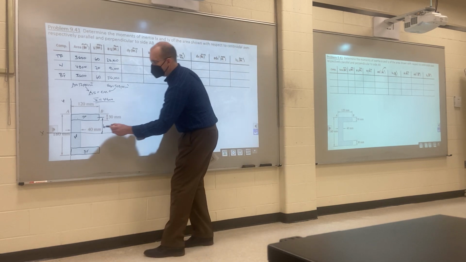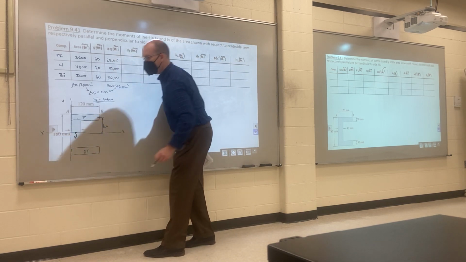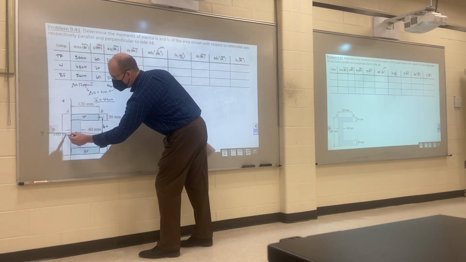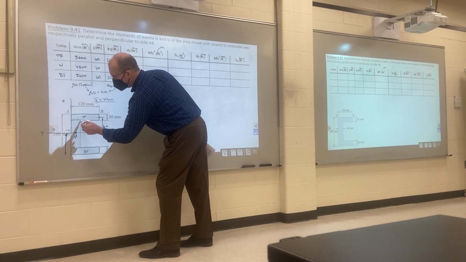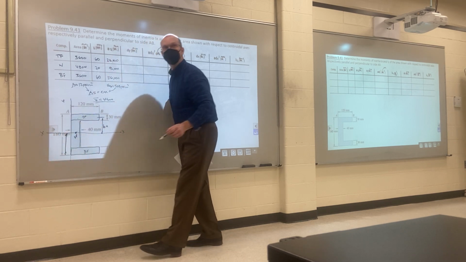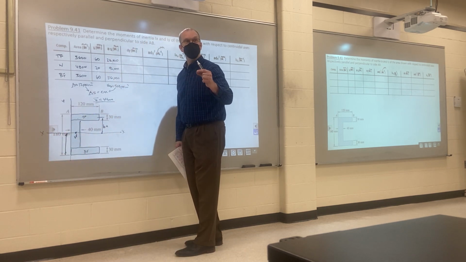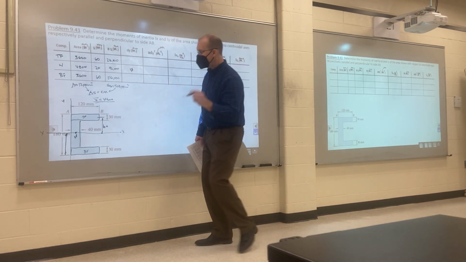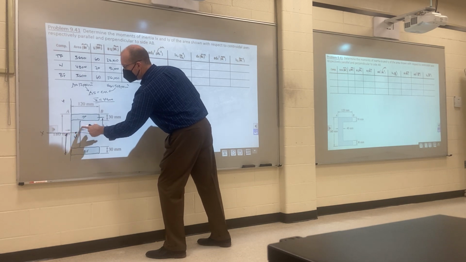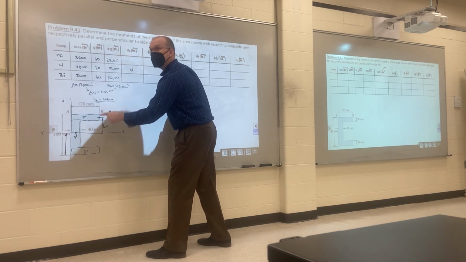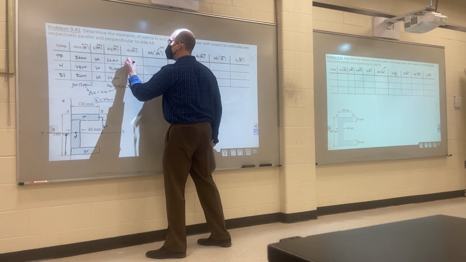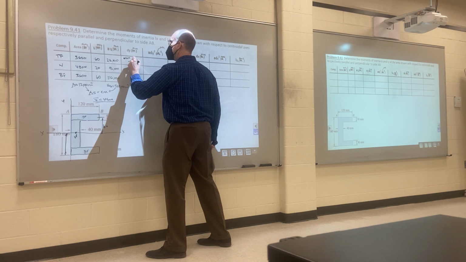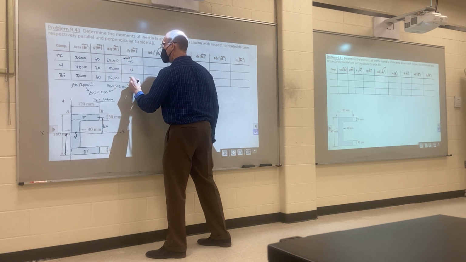Is it 135? The centroid, that's y bar for the shape. This is y bar for this shape. They're on the same spot, so the distance between them is 0. Oh, okay. And then we do this one. This is 120, so it's 60 plus half of 30, which is 15. So it's 60 plus 15, which is 75, and the same down here.